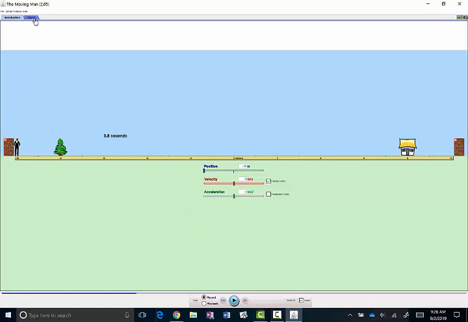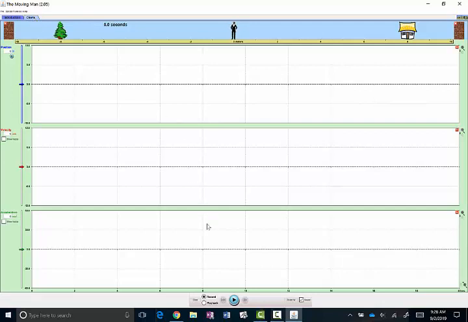Then I'm going to go for step 9, go back to the chart tab and reset all, which looks like we're reset already. Then I'm going to type a velocity of 1 into the velocity box and push play and see what it looks like. So here's 1, and I'm going to push play.